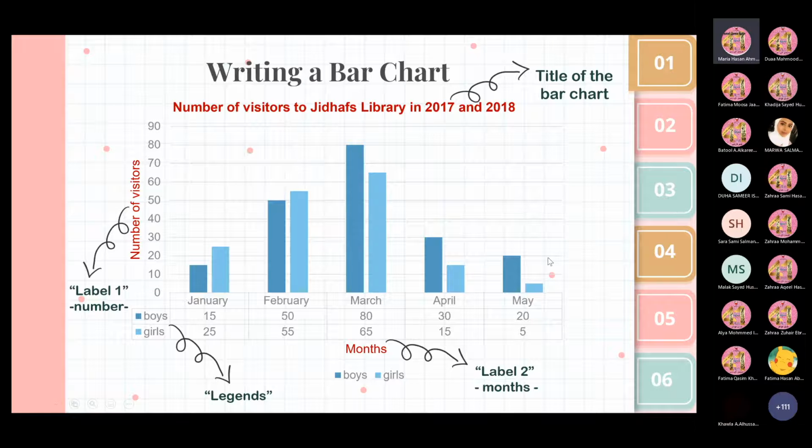March and April have nearly the same number of visitors. Yes, March and April. She didn't say the same, she said nearly the same, because it's not the same number of visitors. Good job, Maria.